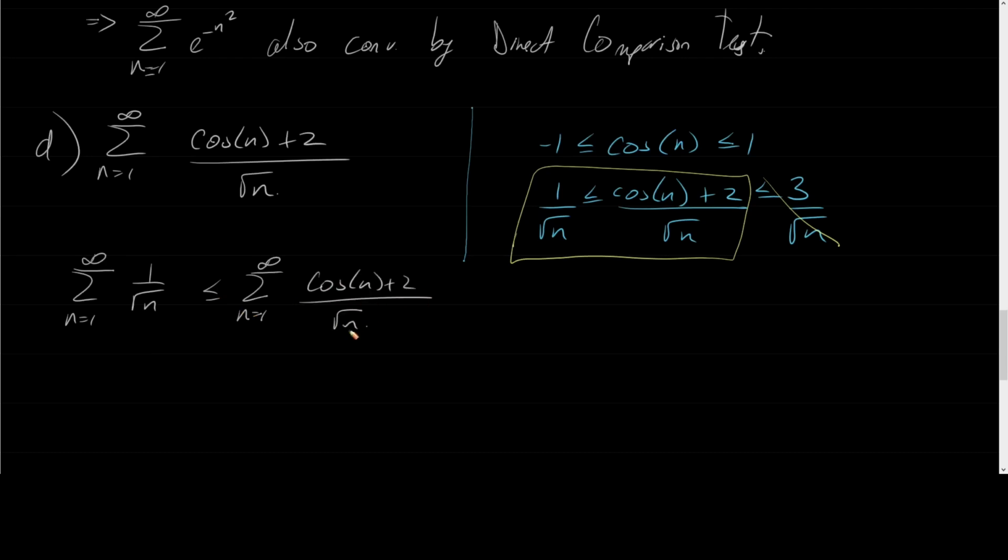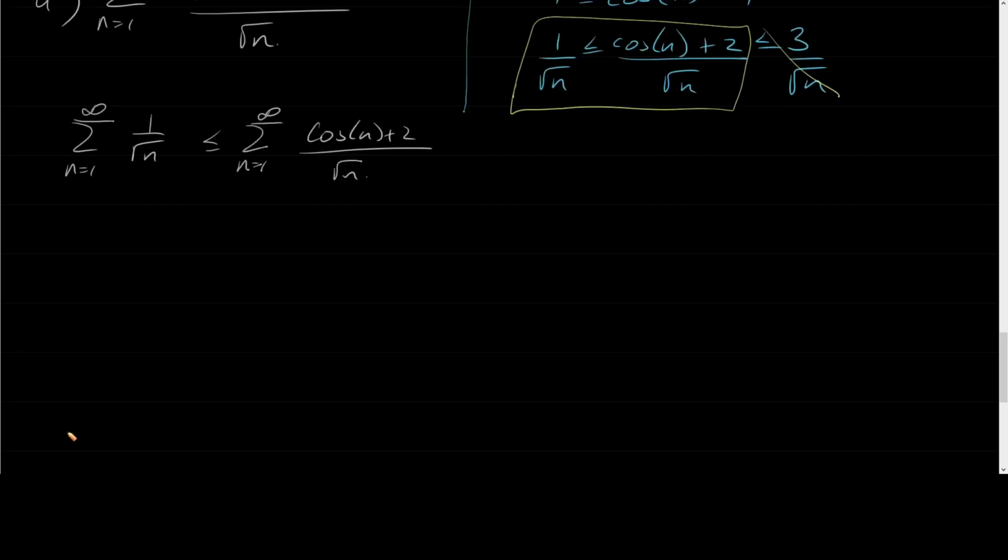And why do we care about that? Because this one over here is a p-series with p equal to 1/2, which tells us it diverges. Remember, with the p-series test, any exponent between 0 and 1 definitely diverges.